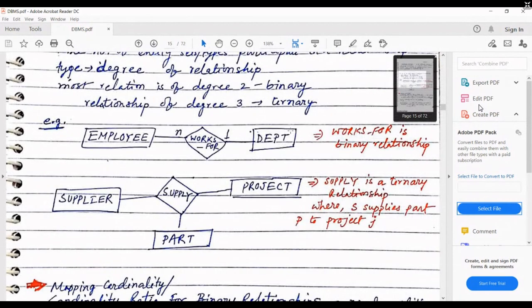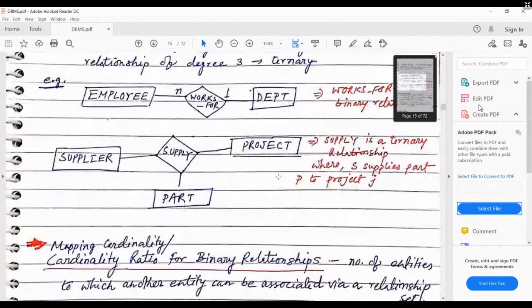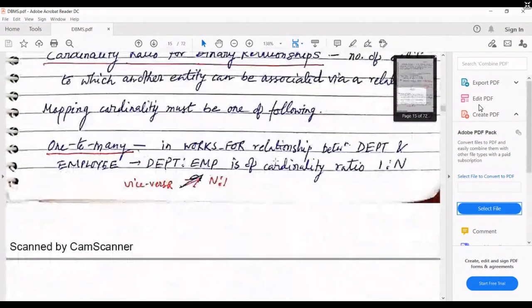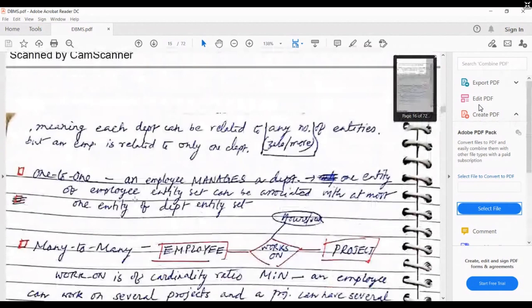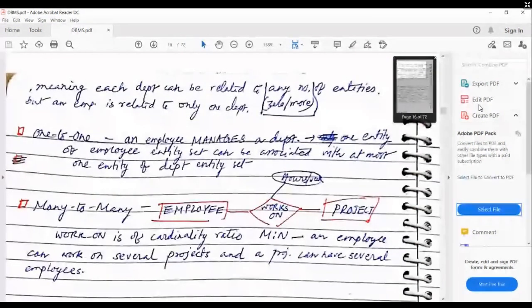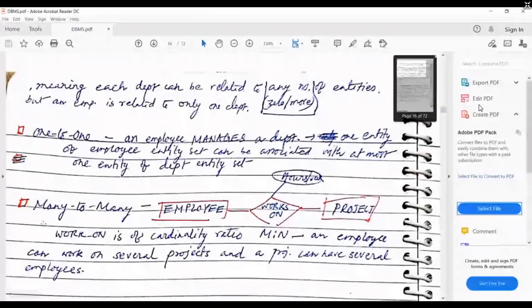Many employees are working for a single department, that is many to 1. Next one is 1 to 1. 1 to 1 example is, for example, in a single department only one HOD is there, so one HOD manages one department.